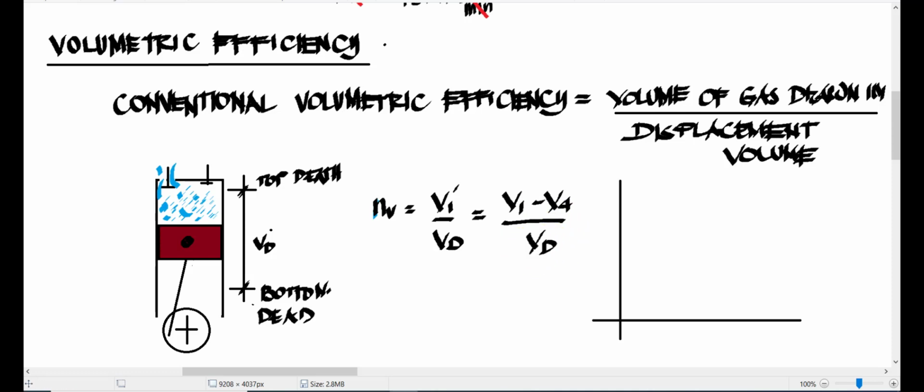If we have the cycle of our compressor, during the suction stroke we have initially point 1, so that will also be your V1, starting from here and going here.